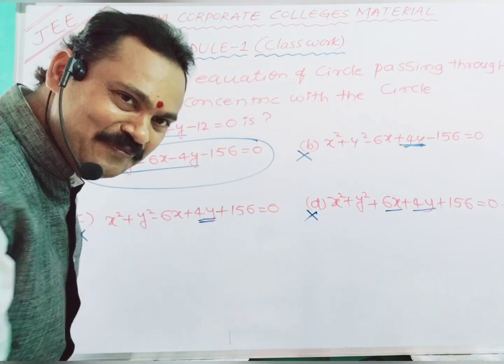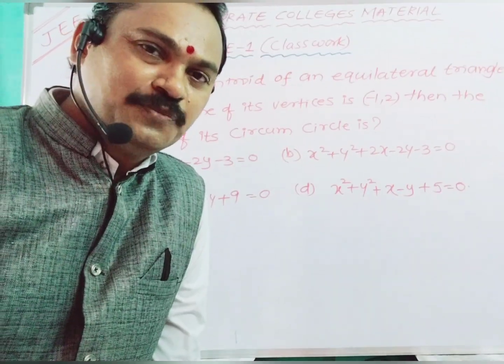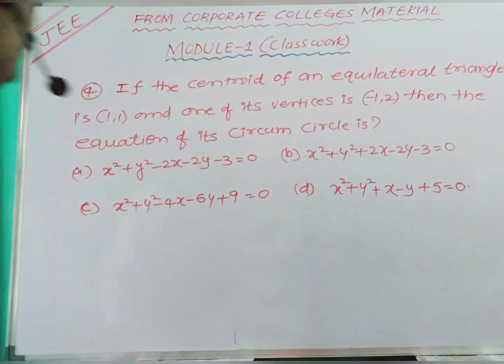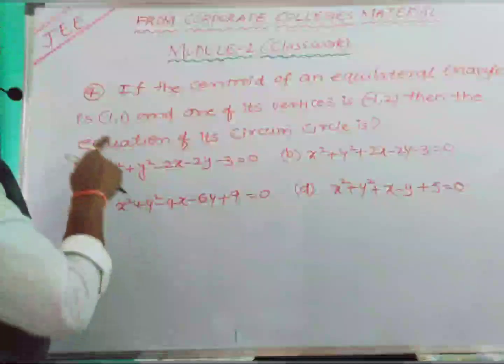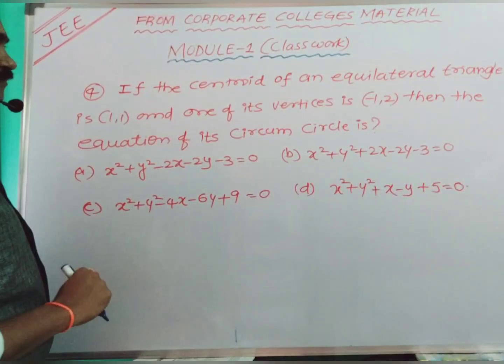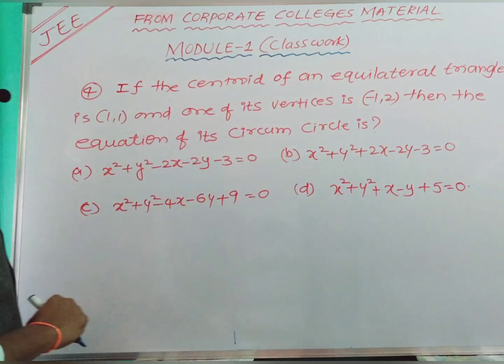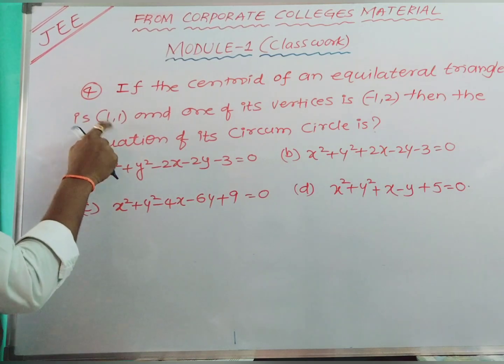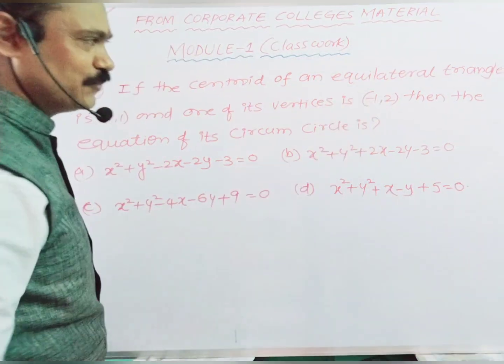Okay, let's move on to the next question. If the triangle is equilateral and its centroid is 1 comma 1, and one of its vertices is minus 1 comma 2, then the equation of its circumcircle is? First let us take a diagram.